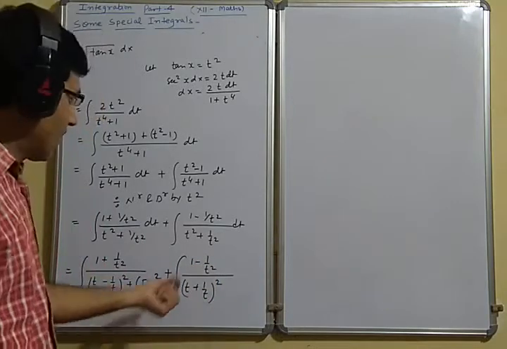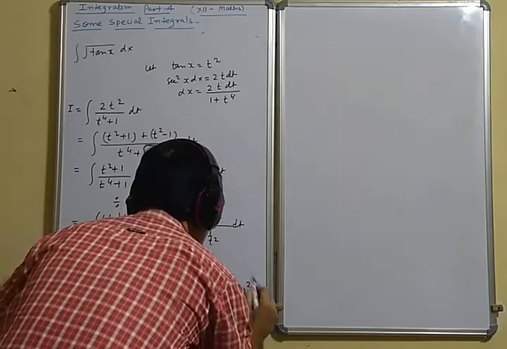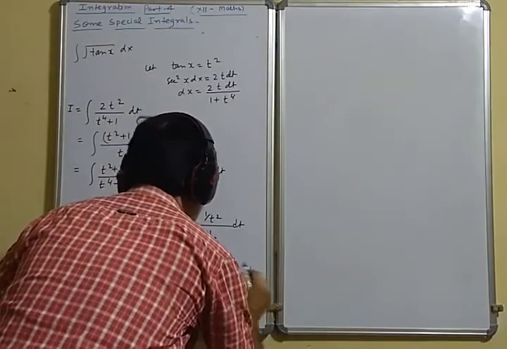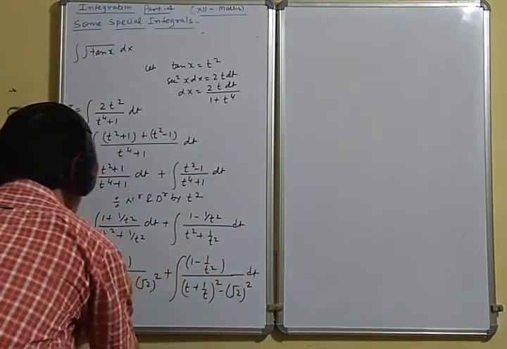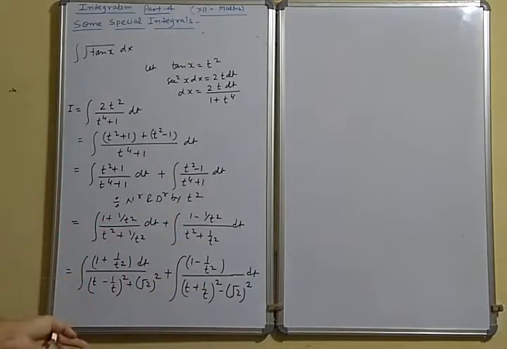So plus 2 means we have to subtract 2, that is minus root 2 whole square dt, and this is dt.